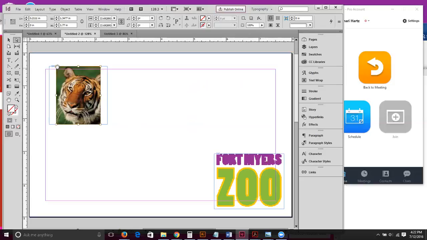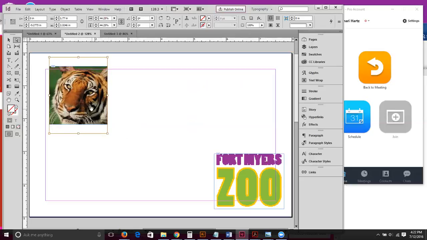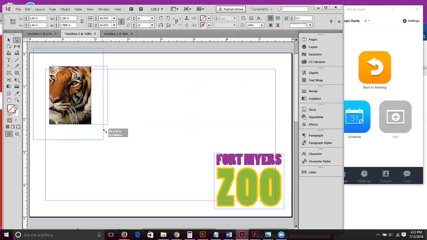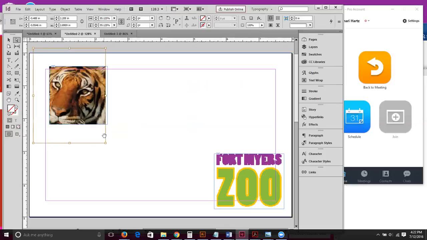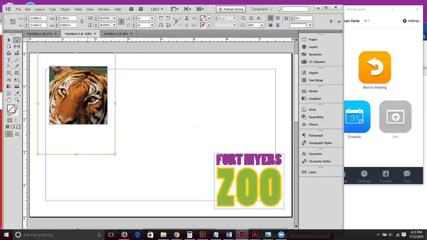I'm going to grab the corner. This is going to keep my image proportional. Maybe I'm going to be a little bit more creative about how I place that. Maybe I just want to focus on the eyes.